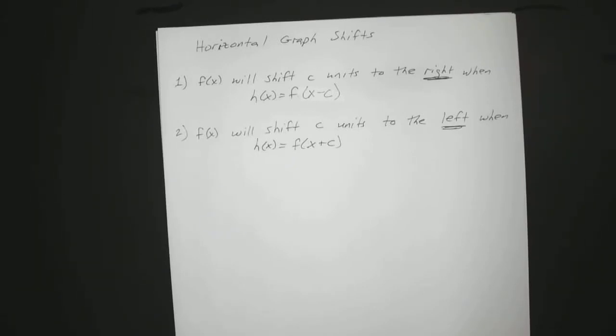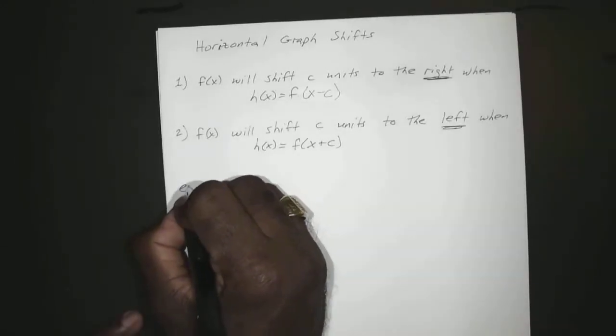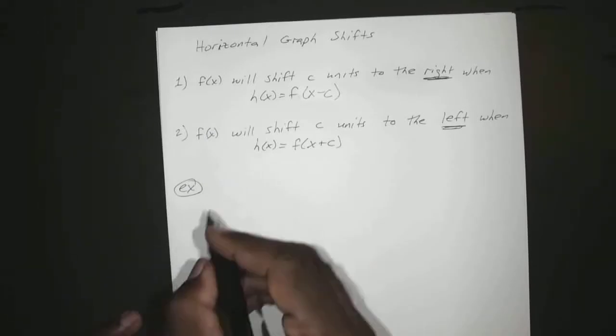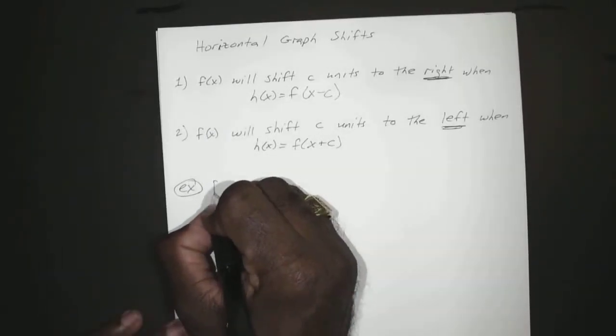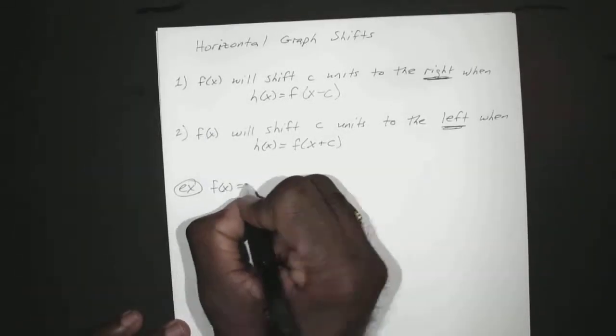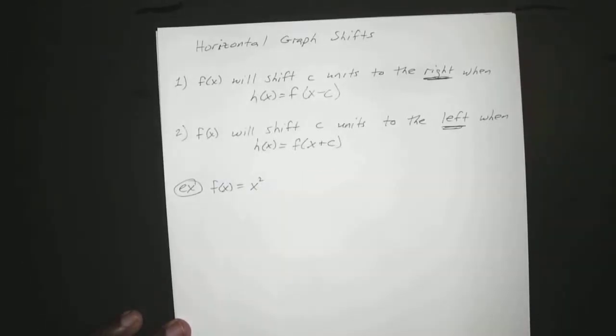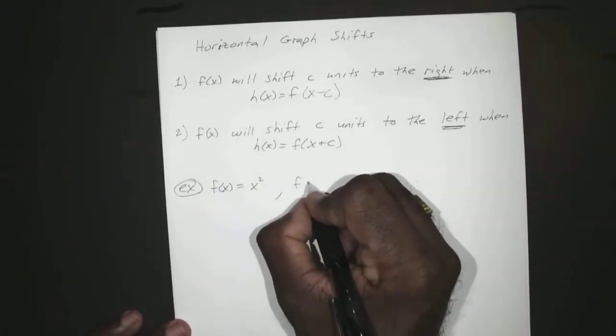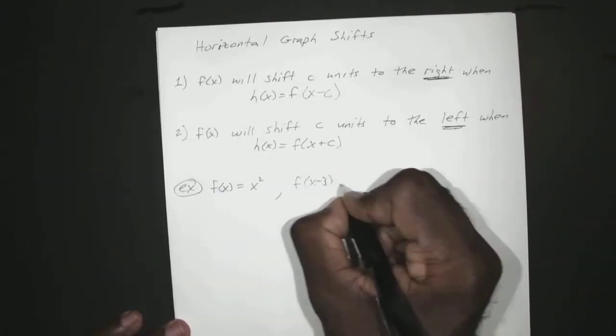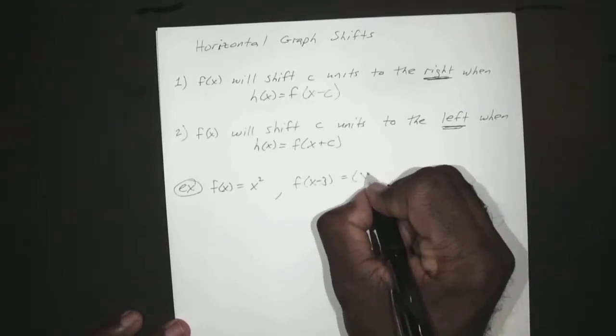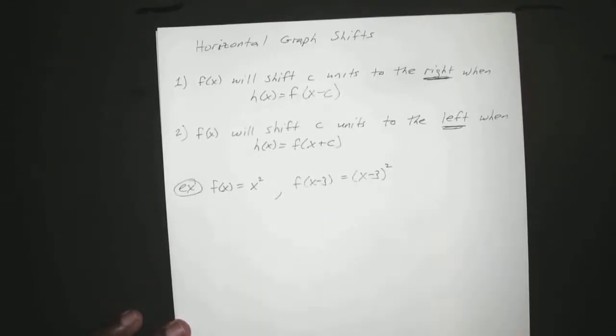Okay. So an example of f of x plus c, x minus c, before we start graphing, I'll just kind of give an idea of how it will look. So if f of x equals x squared, then f of x minus 3 would be x minus 3 squared.